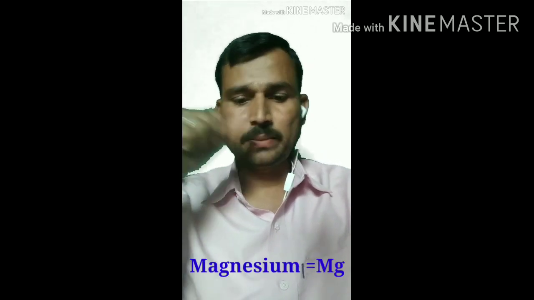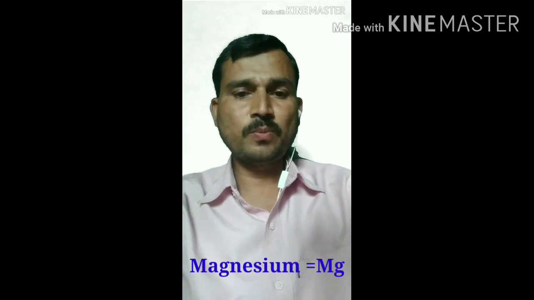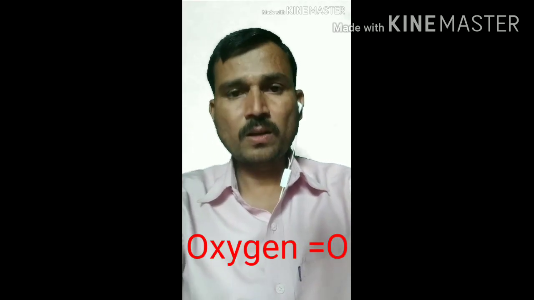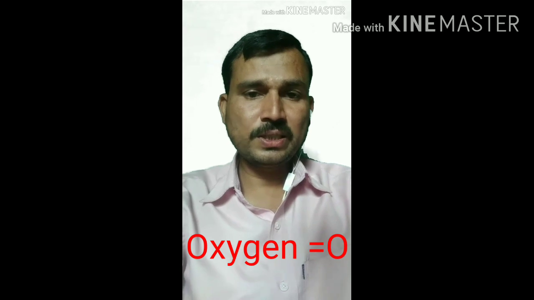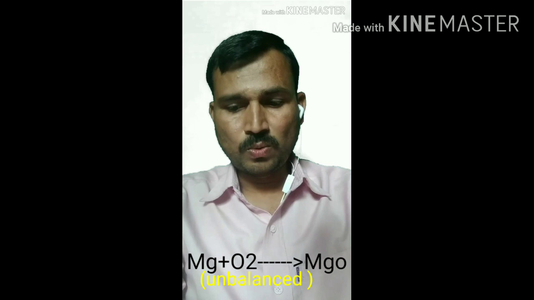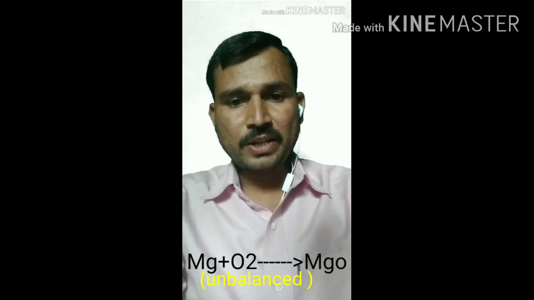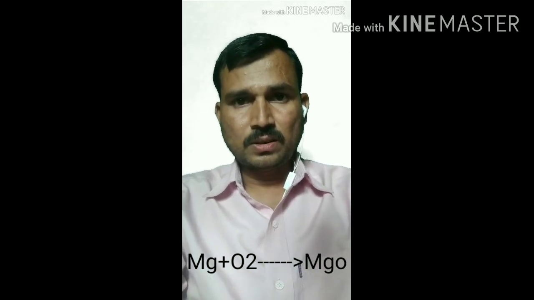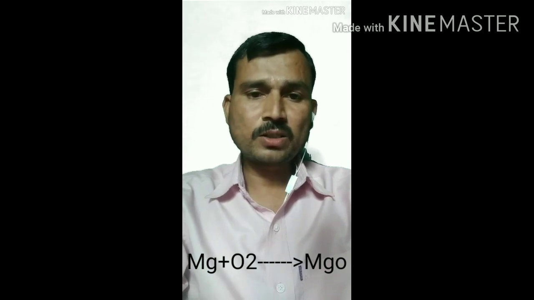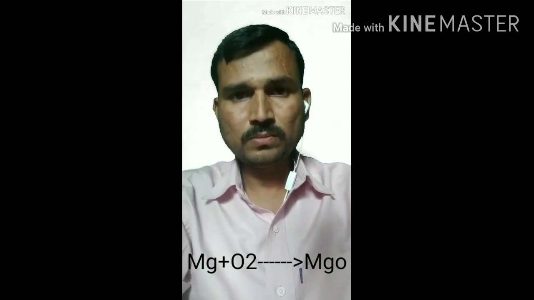The symbol of magnesium is Mg, the symbol of oxygen is O. If we know the symbols of both the substances, it can be written in the form of a chemical equation: magnesium, symbol Mg, plus oxygen, symbol O, but the molecule of oxygen is O2. It forms magnesium oxide. The molecular formula of magnesium oxide is MgO.